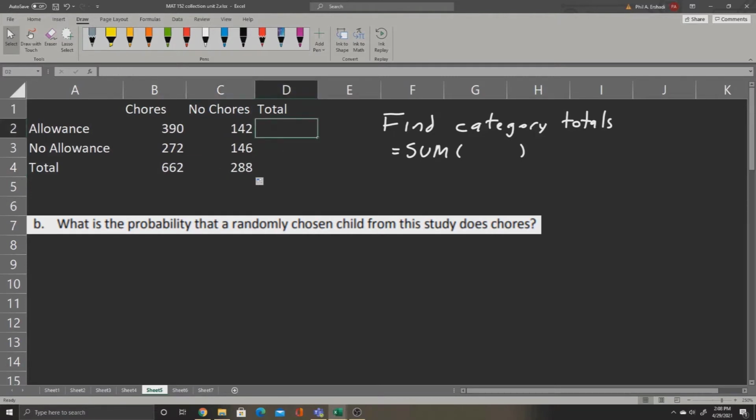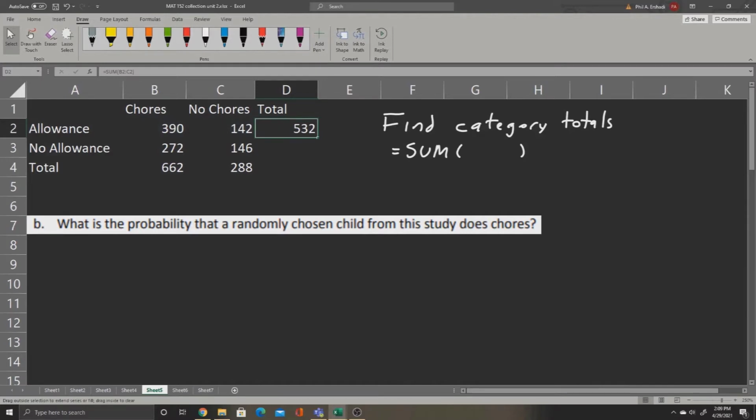We can also find the children who get allowance and don't get allowance, also by doing a sum formula. We'll say equals sum and select both of these columns. Make sure not to include the data label that says allowance. Select only the numbers. This gives us the total number of children who do get allowance.